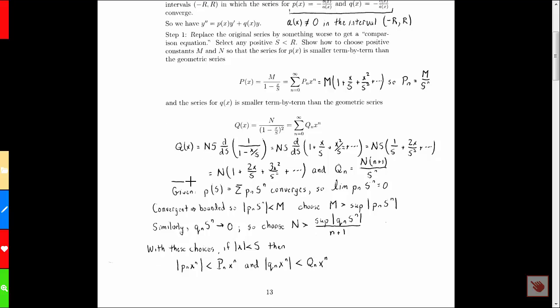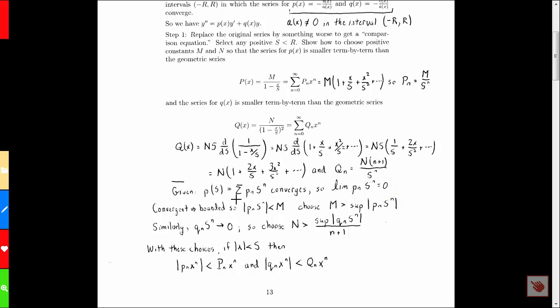Now, we're given that the series for p converges, and therefore the series little p sub n times capital S to the n converges. If a series converges, its terms approach a limit of 0. The converse, of course, is not necessarily true.